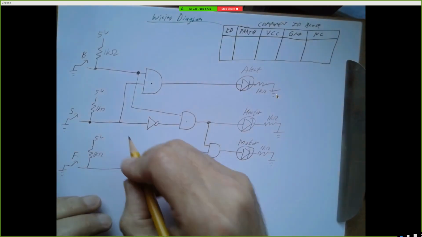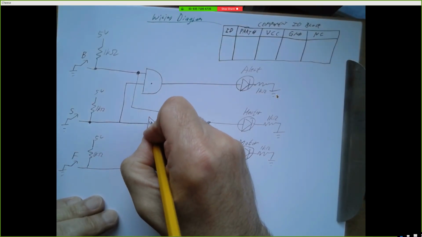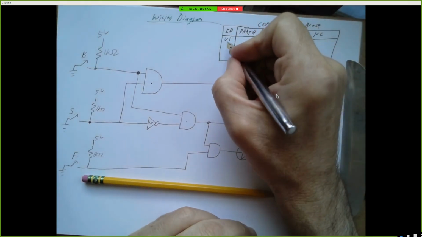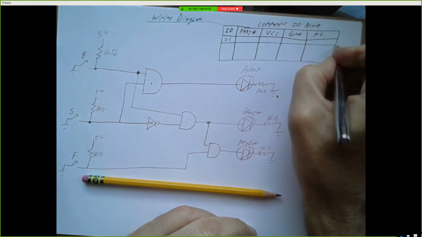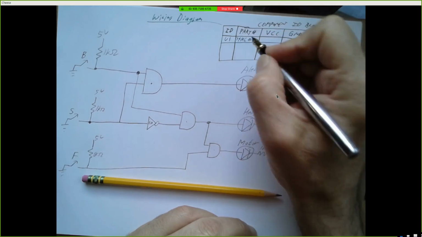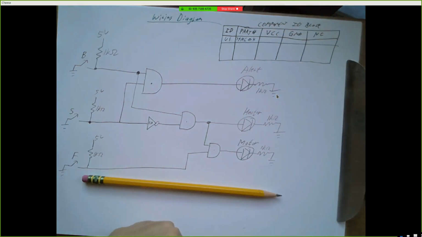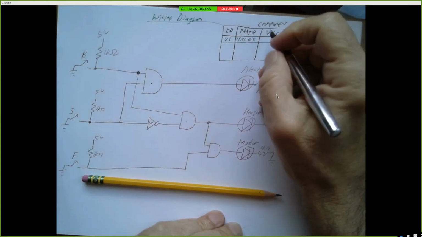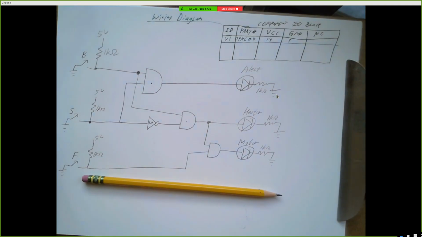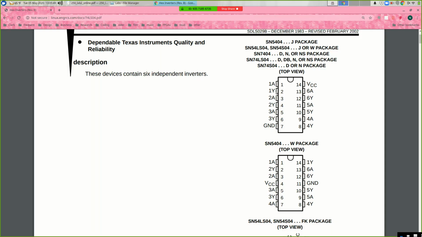So I'm going to label my inverter U1. And up here I'm going to say U1 is a 74HC04 if we're doing Tinkercad, and I know VCC goes on pin 14 and ground goes on pin 7. I can use any of the inverters that I want from here.